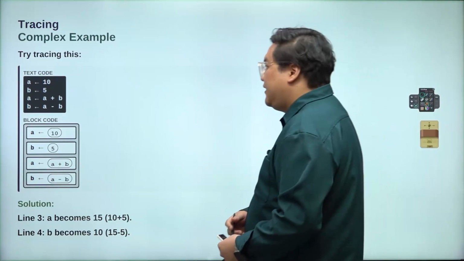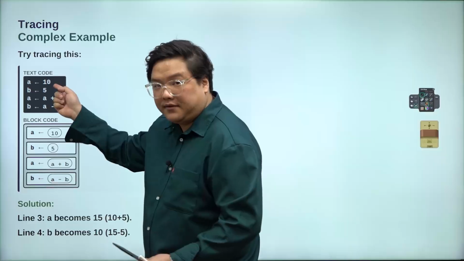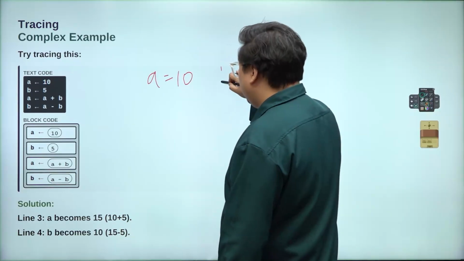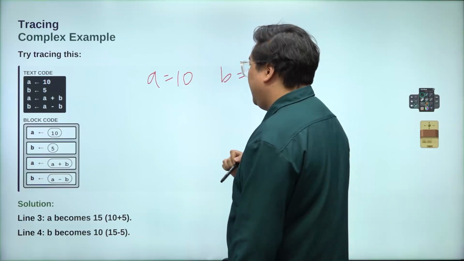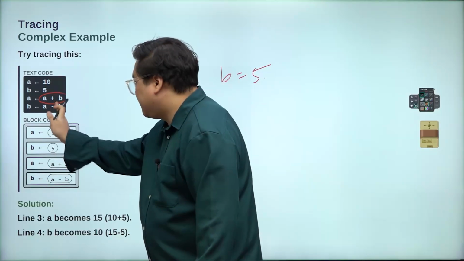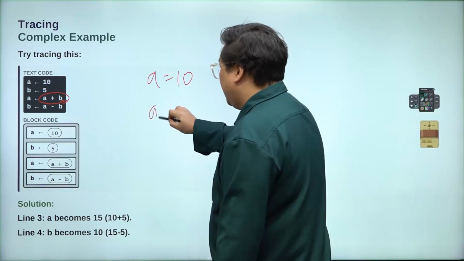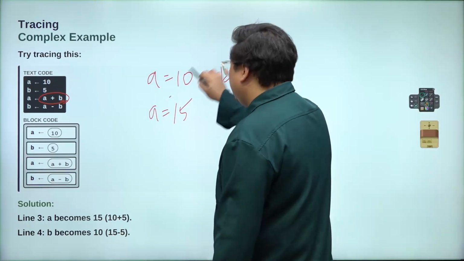And then something like this. You just go down in order, in sequence. So a equals 10, and then b equals 5. And then a gets updated to the initial values of a plus b. So a becomes 15. This gets discarded.